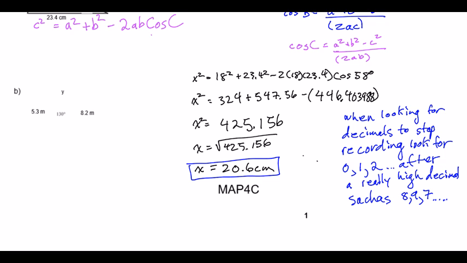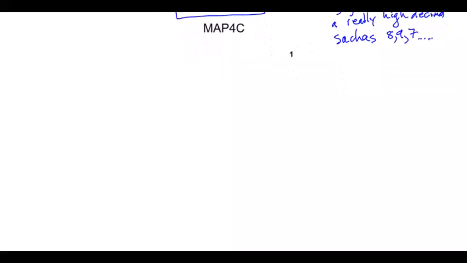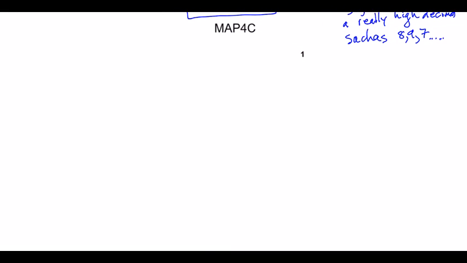Now let's move on to question B. We're going to do the same thing that we did just here, except this time we're going to do this in one shot. Now this problem here, we're looking for y.